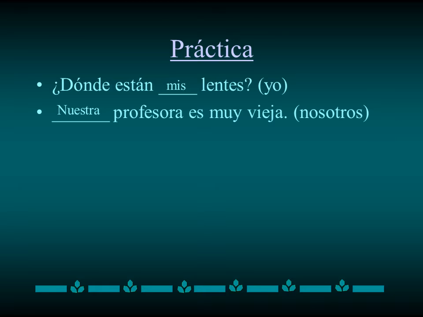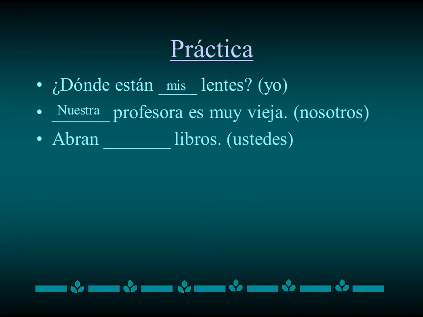We can tell it's a girl because profesora ends in an A, and also vieja ends in an A. See how in Spanish these sounds kind of repeat each other throughout the sentence? If it was a male, it'd be nuestro profesor es muy viejo. So it becomes easier as you speak a lot more because these sounds match up throughout the sentence.